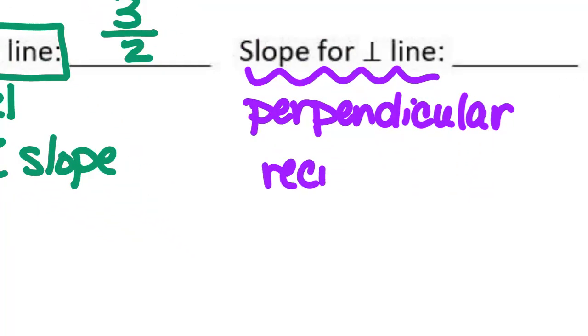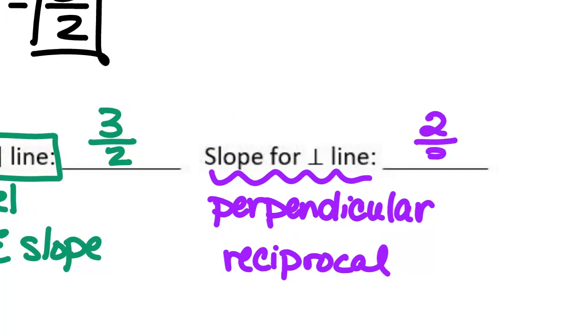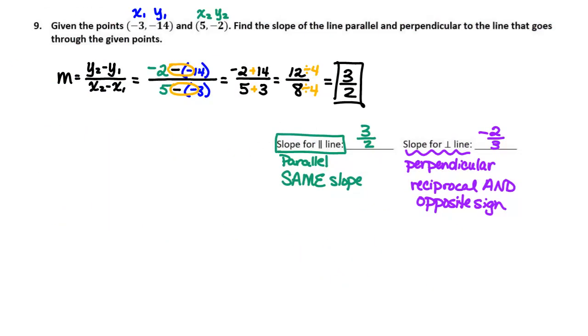Yes, reciprocal. So I flip my slope over. So instead of 3 over 2, it's 2 over 3. And change the sign. So -2 over 3.